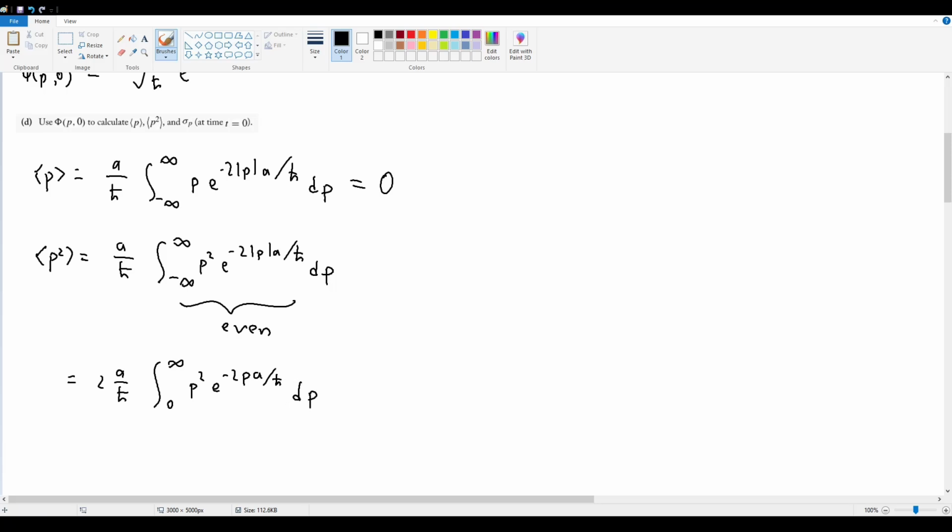And now we can just use integration by parts, or u sub in this case, and say u is equal to p squared, in which case du is equal to 2p dp. dv is equal to e to the negative 2pa divided by h bar dp, in which case v is going to equal negative h bar over 2a times e to the negative 2pa divided by h bar, I think, because if I integrate by p, that gets a negative 2a over h bar, and those cancel.